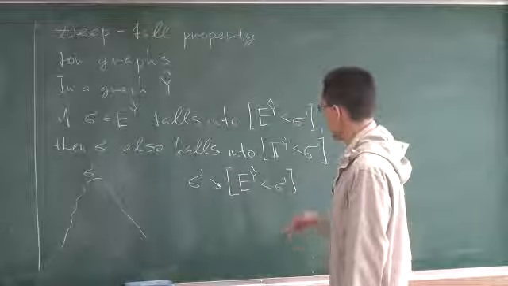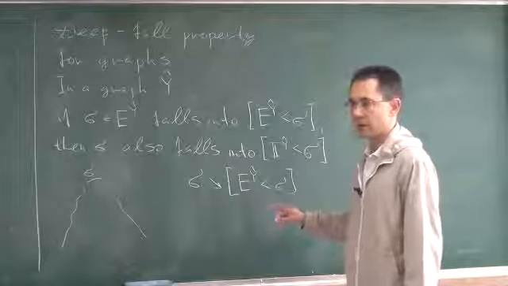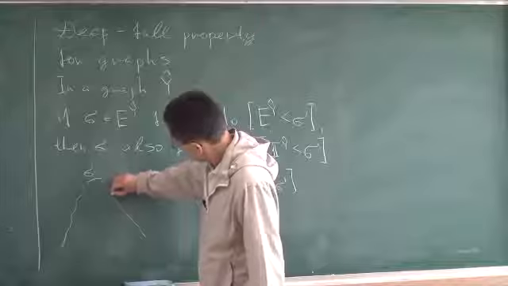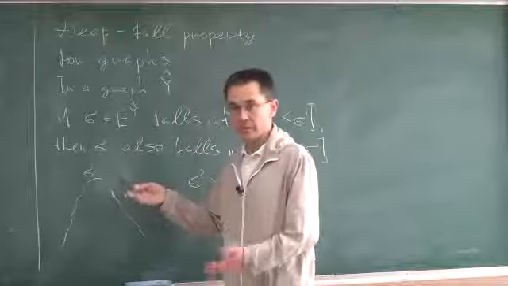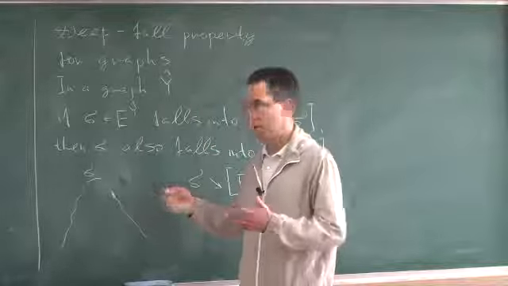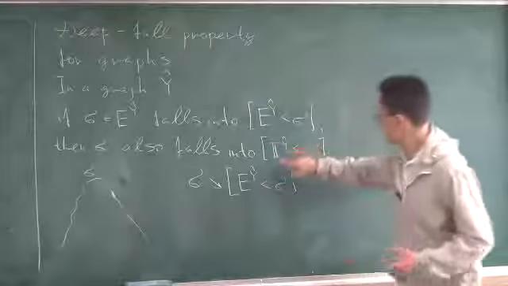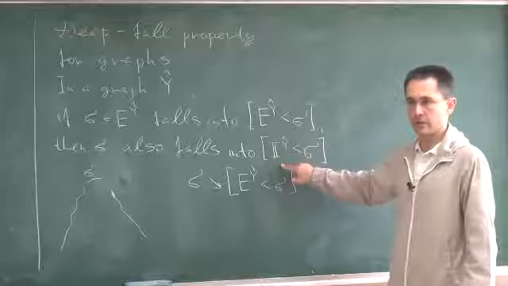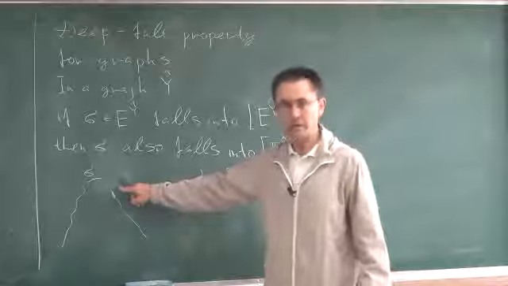It's a vein consisting of the edges that are smaller than sigma. But some of those edges might be essential or non-essential, right? And that's the problem. We want all of those edges in the vein to be order inessential, but some of them might be essential.